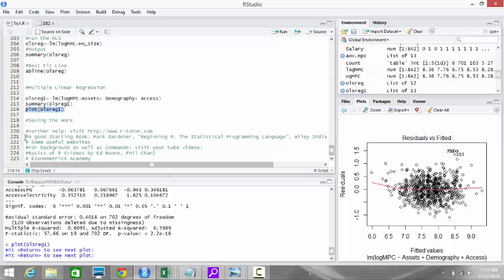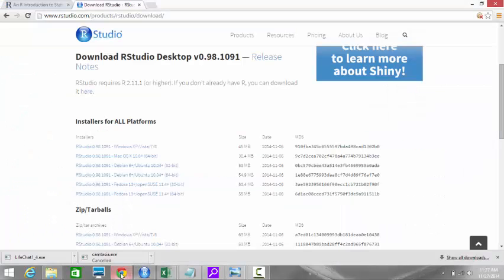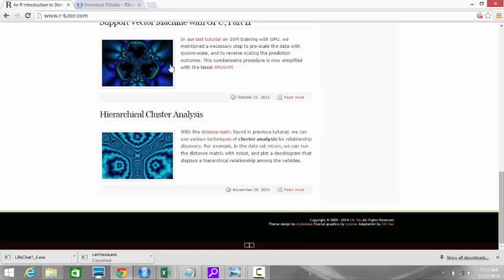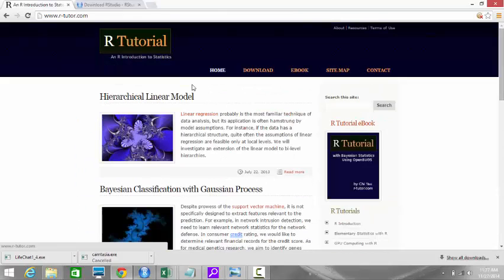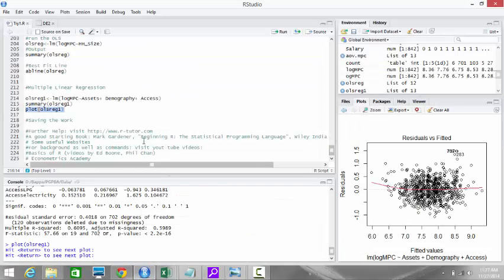For other commands, how to do the statistical distribution and other statistical tests using R, you can visit rtutor.com, and this is what the homepage of RTutor looks like. You can also use this book, which is by Mark Gardner.